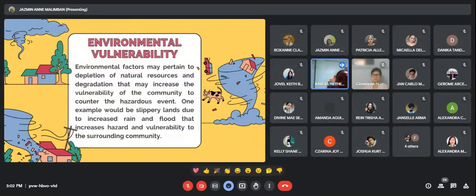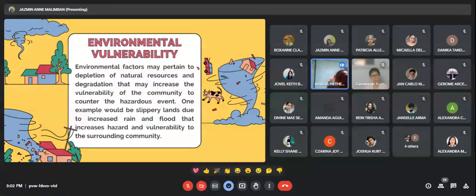So, next naman po is the environmental vulnerability. This is also connected to the other vulnerability, na kung saan kung hindi nga po kaya ng masustain, once the hazardous situation happens, hindi po natin maiiwasan na meron po tayong mga natural resources na maapektuhan po.